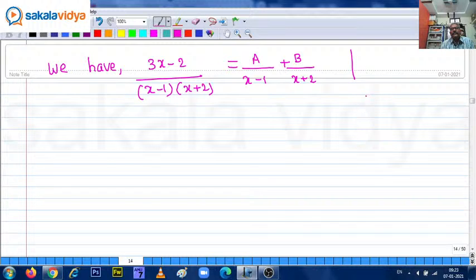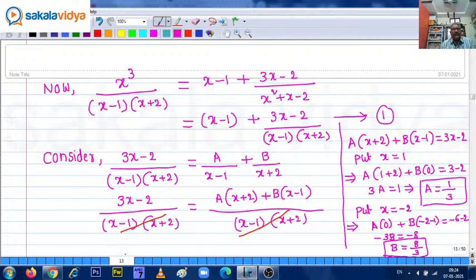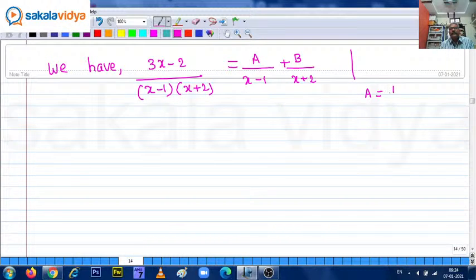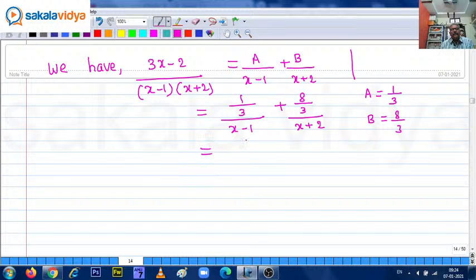A is 1 by 3, B is 8 by 3. Substituting, 1 by 3 upon x minus 1 plus 8 by 3 upon x plus 2. So this can be written as 1 upon 3 times x minus 1 plus 8 upon 3 times x plus 2.